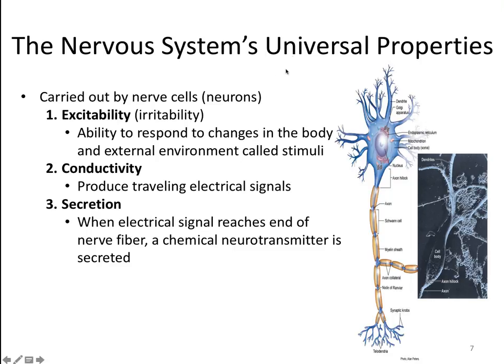Properties of the nervous system that are universal, meaning they carry true throughout all of the divisions I just showed you, are the following. It's carried out by nerve cells, so all of the actions of the nervous system are performed by neurons. Here is a neuron. You have many of these. Excitability, which is also sometimes called irritability, which I find really funny.